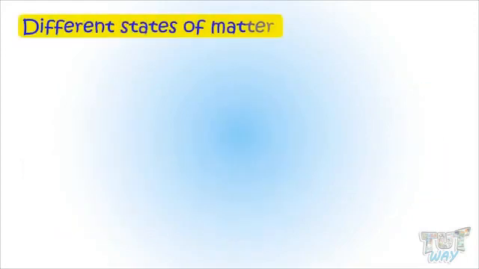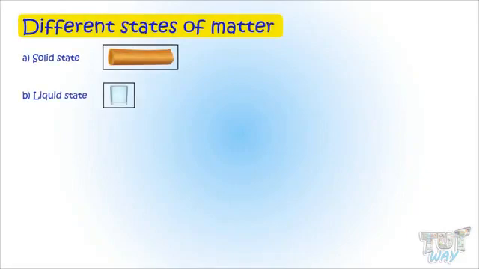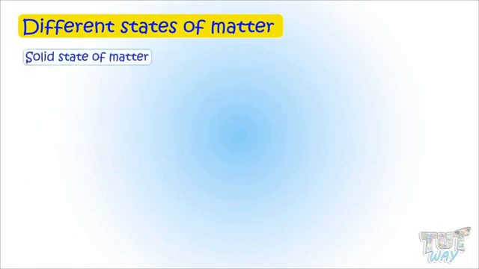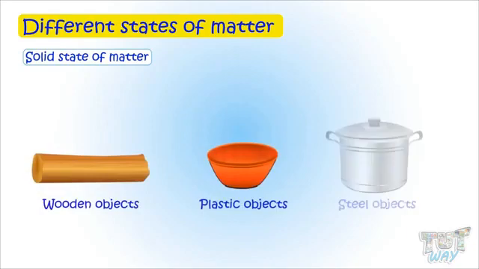Now we will learn about the different states of matter: solid, liquid, and gas. First, let's learn about the solid state of matter. The matter that is a solid state, like wooden objects, plastic objects, and steel objects.